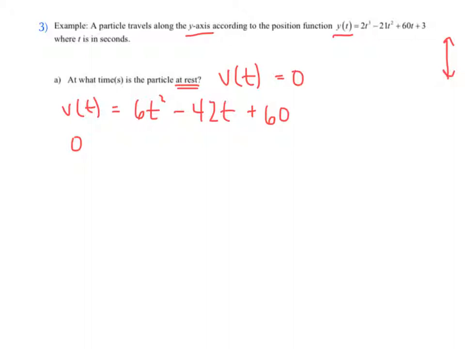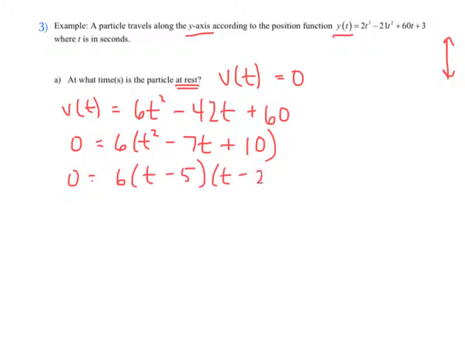Okay, set that equal to 0. Looks like I can factor out a 6, so I'm left with t squared minus 7t plus 10. All right, so I should be able to factor that, and I get t minus 5 and t minus 2. And so t equals 5 and t equals 2.